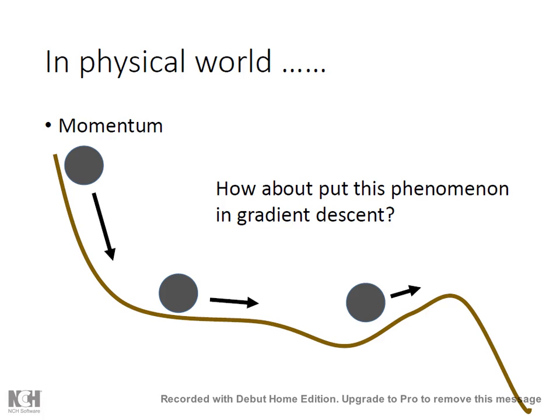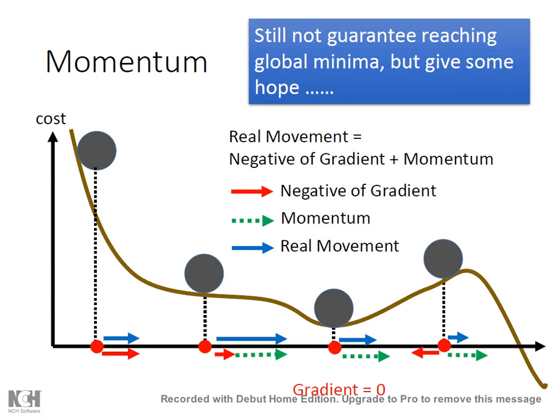So in this case, we can add momentum to remedy this phenomenon. The idea is actually very simple. From here you are at a very high position. At this time you look toward this direction.